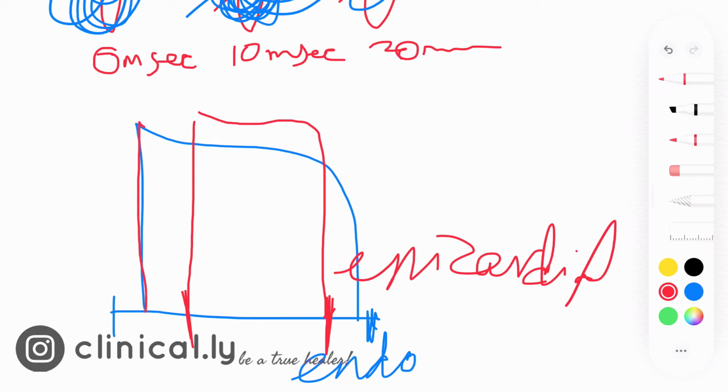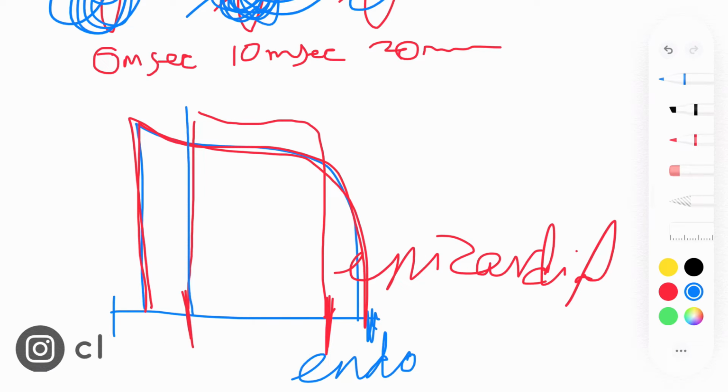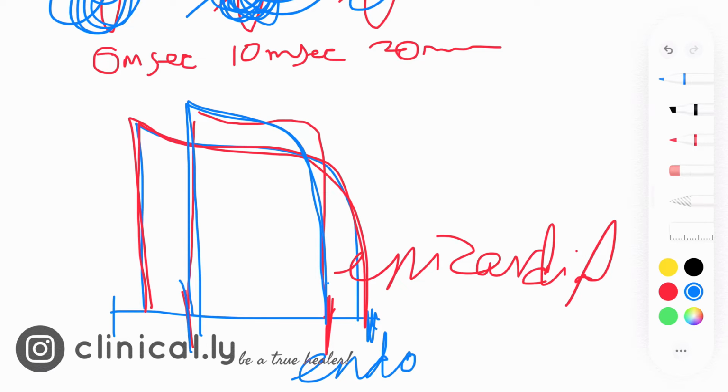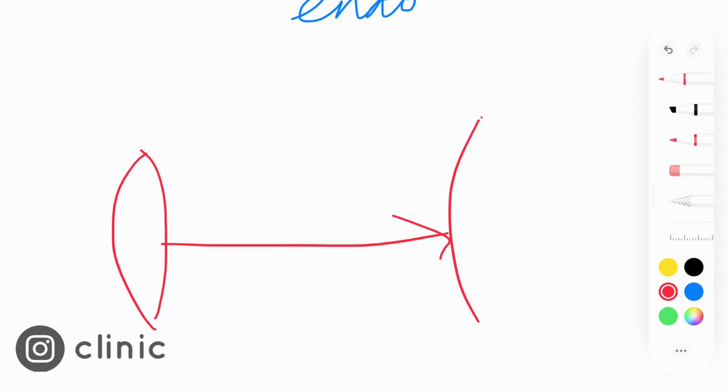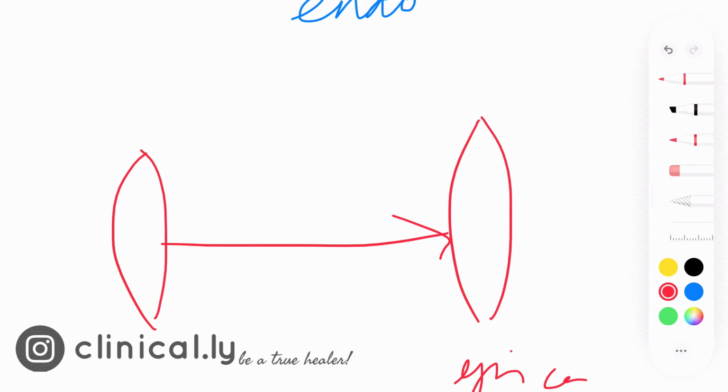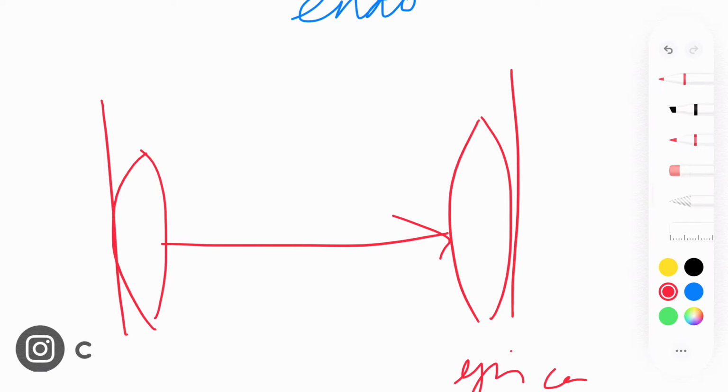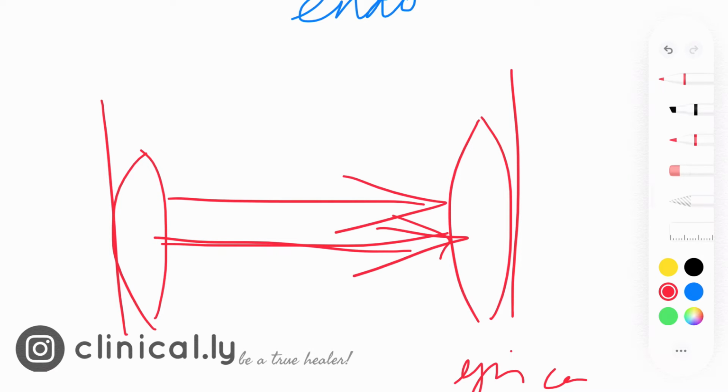The action potential duration for the endocardial cardiomyocytes is longer, whereas the action potential of the subepicardial cells is shorter in duration. Correct? So the endocardial cells get activated, and it is taken to the epicardial cells towards the border in this direction.